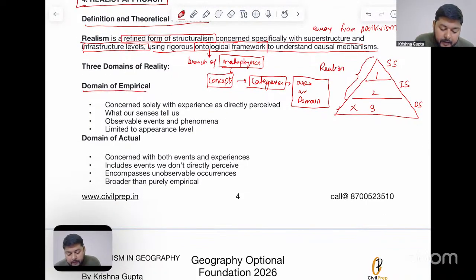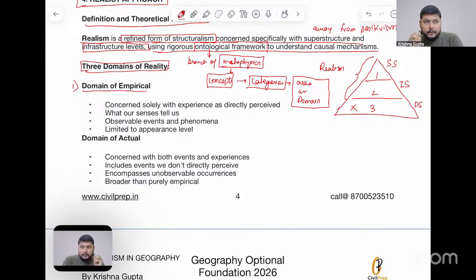So three domains of reality are seen here. Number one, the domain of the empirical. If I want to understand something, I will look into the data, statistics, and various kinds of situations. It concerns solely the experiences directly perceived, what our senses tell us, observable events and phenomena limited to appearance levels.